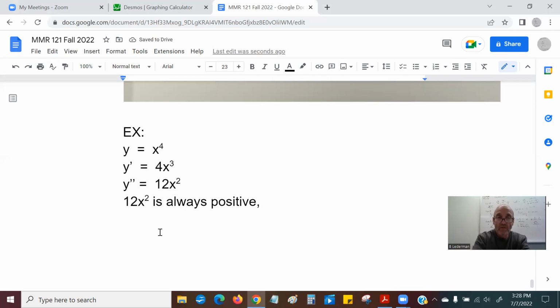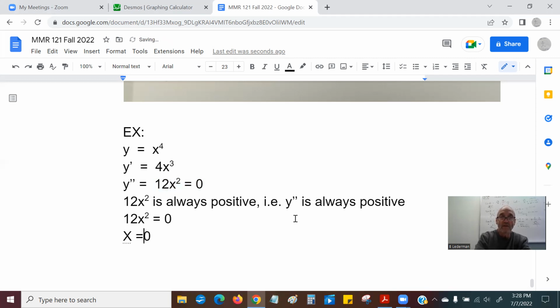Which means y double prime is always positive. But when I do my thing of setting it equal to 0, which is how I found my points of inflection, when I set this equal to 0 and solve, I get x equals 0.